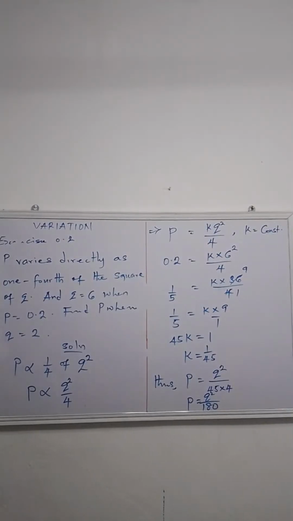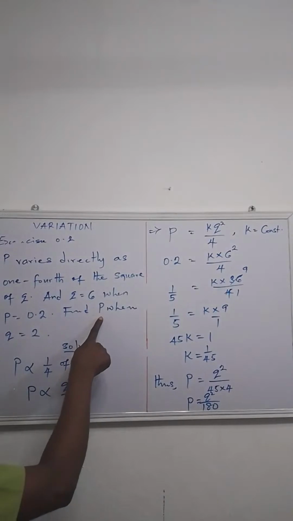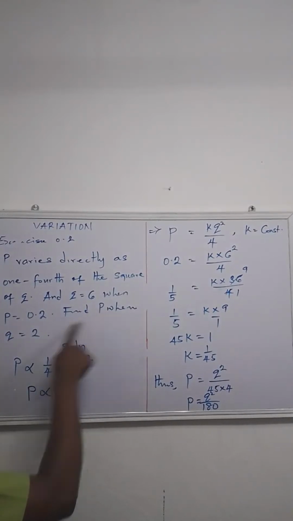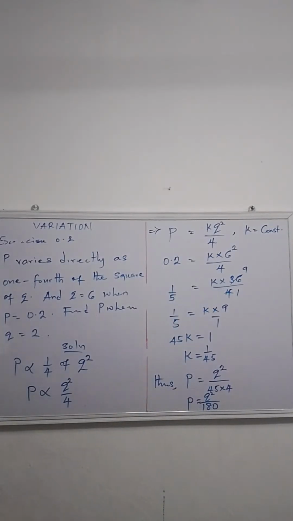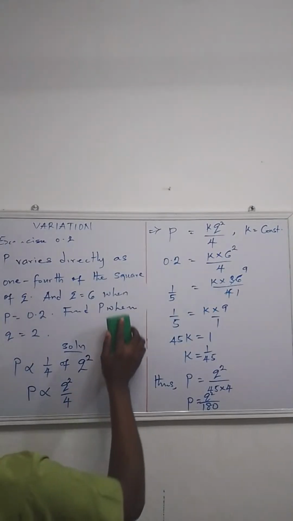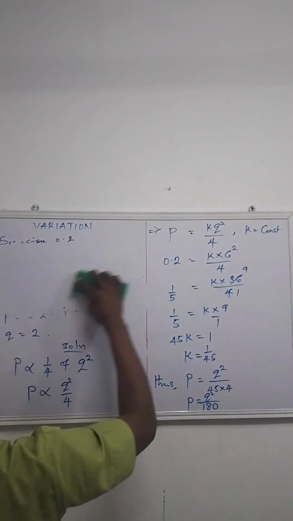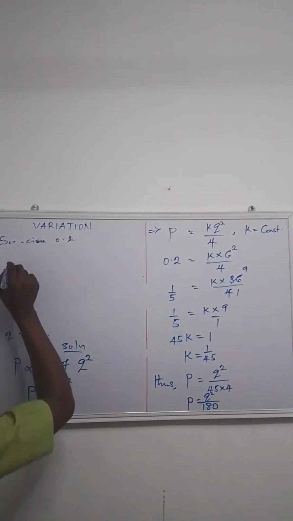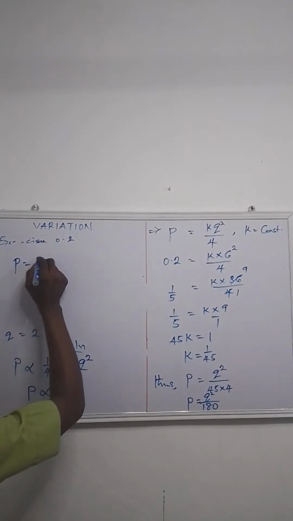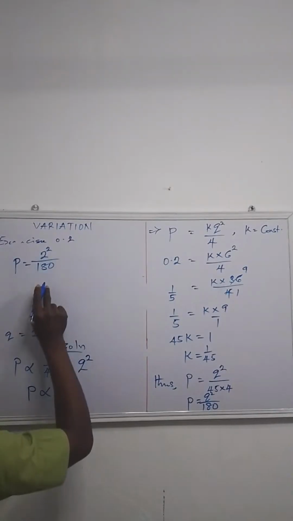All right, so let's look at the question. The question asks us to find P when Q is 2. So let's plug the value of Q into that connecting formula. When Q is 2, we have P equals 2 squared over 180.